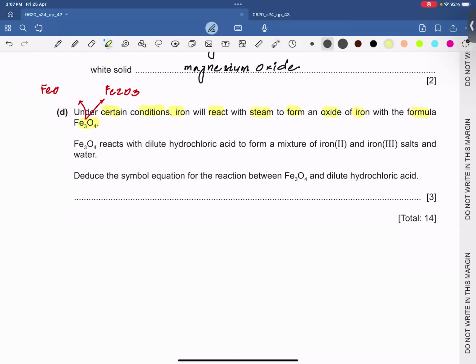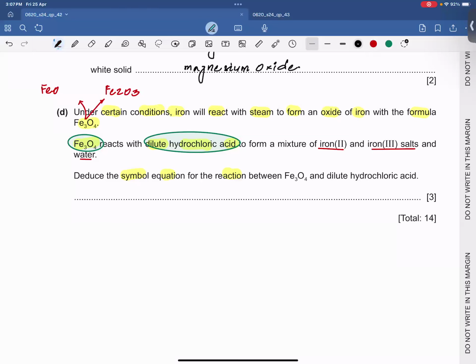When Fe3O4 reacts with dilute hydrochloric acid, these are the reactants. A mixture of iron 2 and iron 3 salts and water are formed, and these are the products. So deduce the symbol equation for the reaction. That's easy.